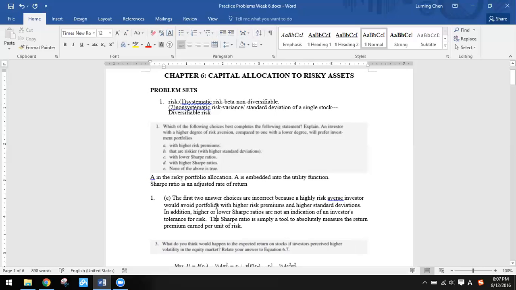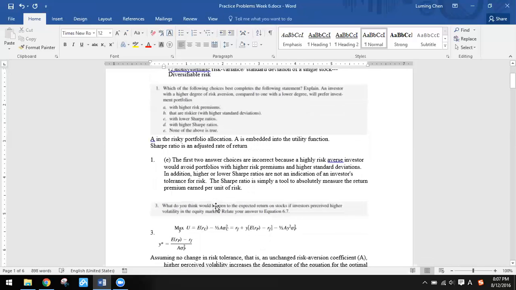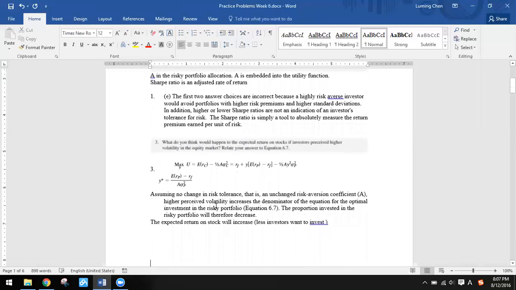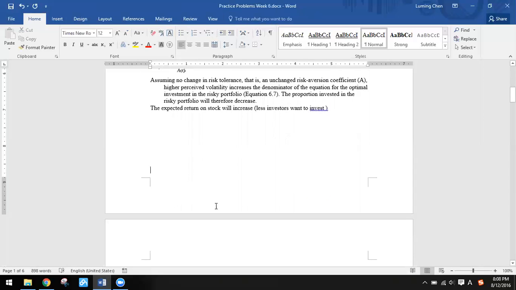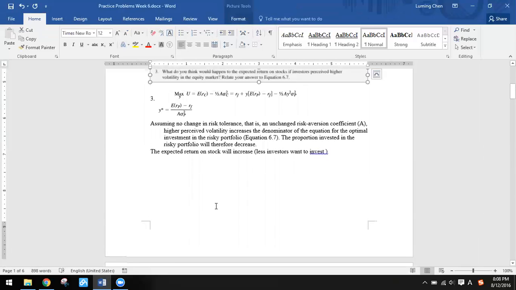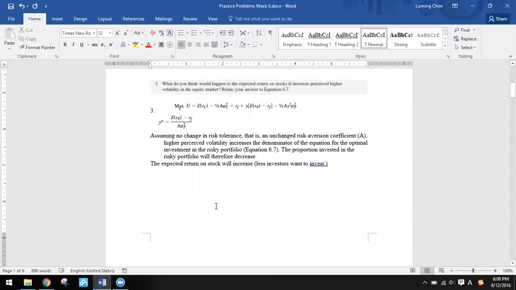Number 3. What do you think would happen to the expected return on stocks if investors perceived higher volatility in the equity market? Relate your answer to equation 6.7. So equation 6.7 is like this.